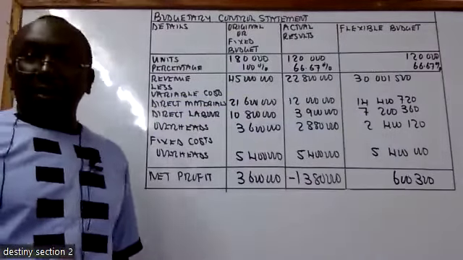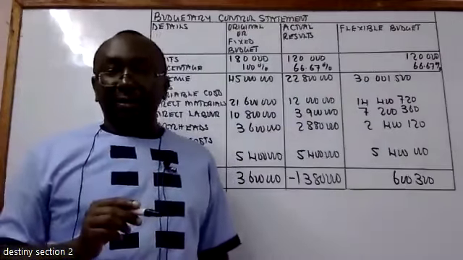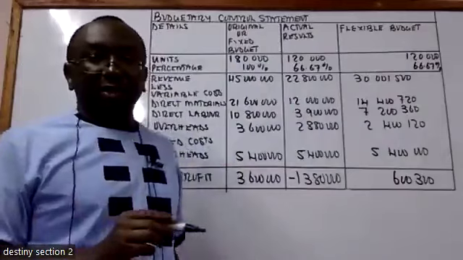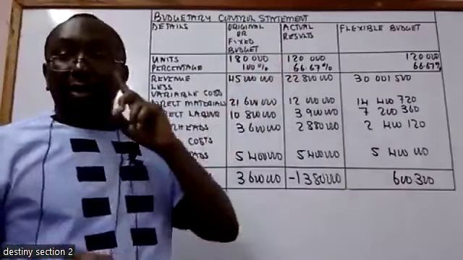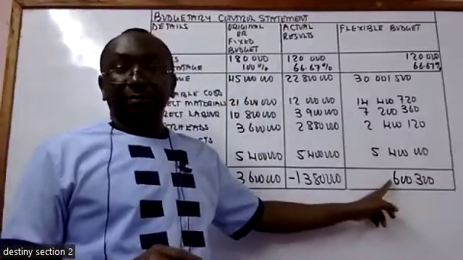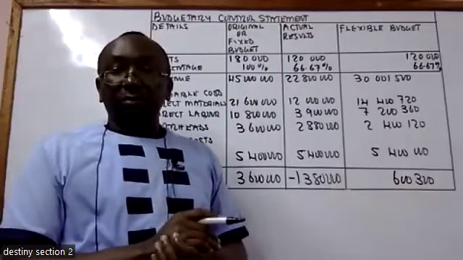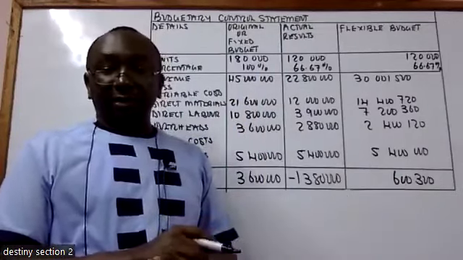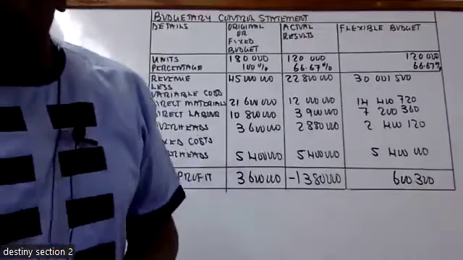So that means if they had done well, as per the original budget, even when the units changed from 180 to 120, they were supposed to have reported a profit of 600,000. But now you see on the ground, they actually reported a loss. So that calls for an investigation to know what should be done.